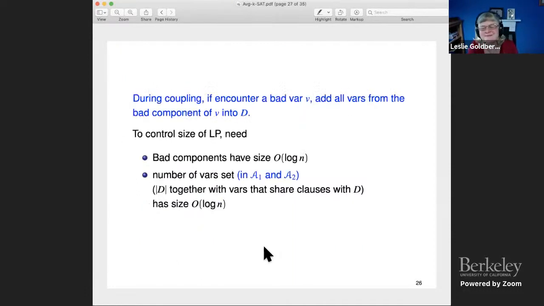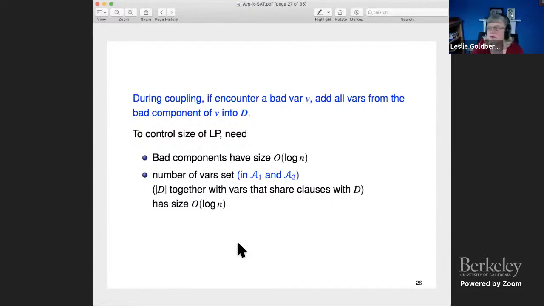And actually, to make this method work, it's even worse, because during the coupling, if you ever encounter a bad variable, you have to add all variables from the bad component into the disagreement set. So we certainly need that bad components have size at most log n, but you actually also need any variables that share clauses with them also to have size log n. But that turns out to be true, so that works.